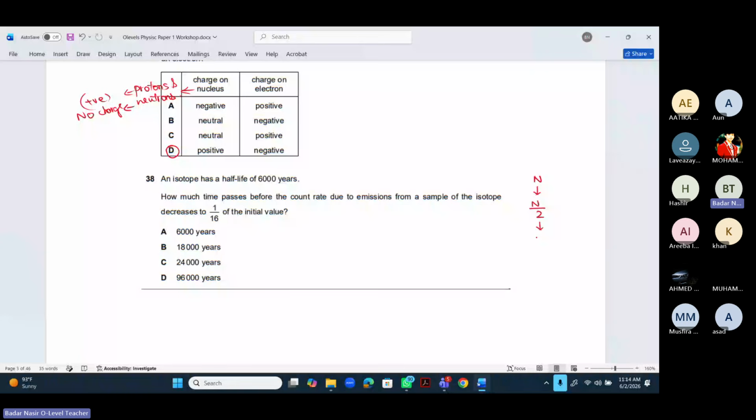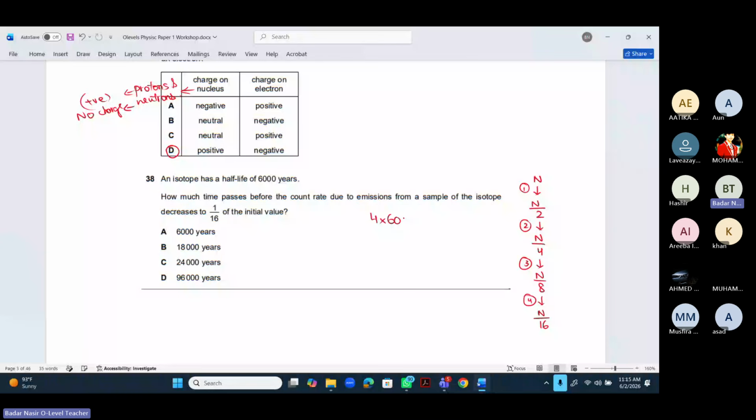So we have n/16. So how many half lives? 1, 2, 3, 4. So एक हाफ लाइफ उसने कहा है कि 6000 ईयर्स लगते हैं एक हाफ लाइफ में. सो 4 हाफ लाइफ में कितना टाइम लगेगा? 4 times 6000 and we get 24,000 years.